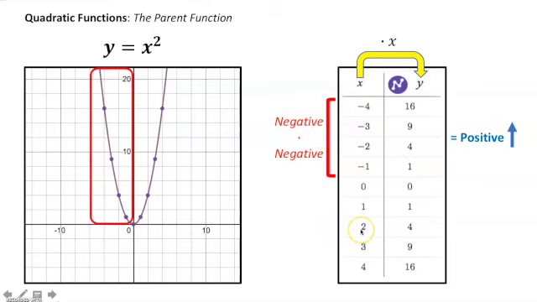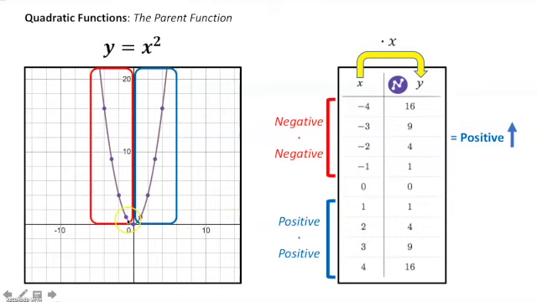If I multiply x by itself on the right side, the line still goes up because 1 times 1 makes 1, 2 times 2 makes 4, 3 times 3 makes 9, and 4 times 4 makes 16, right? So the reason quadratics look like they do, the reason they move up fast on both sides, is because the negatives turn into positives and the positives stay positive.